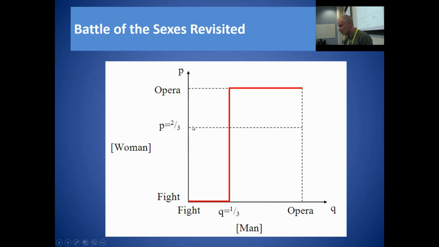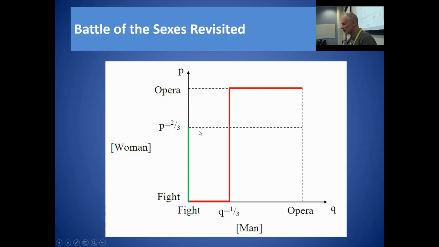So whenever P is less than 2/3, the man will choose to go to the prize fight. Well, that's him. That's the man going to the prize fight. So, there you go. Can you see that green, is it? Just about off. There you go. We're putting that part of the line in there. So, that is what the man will do. Always choose to go to the prize fight whenever P is less than 2/3.